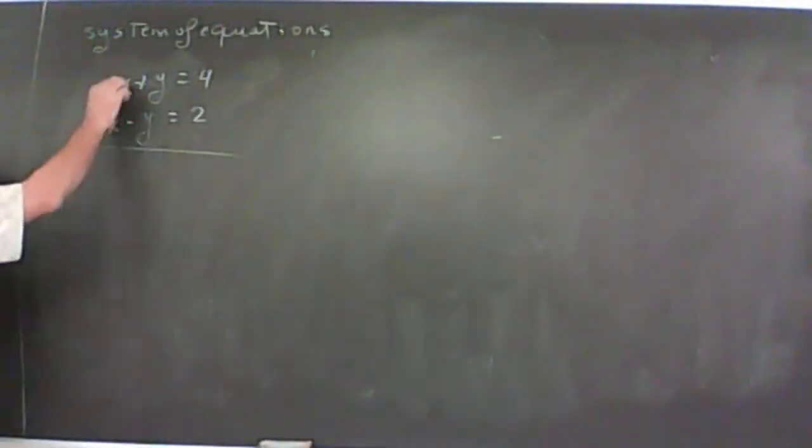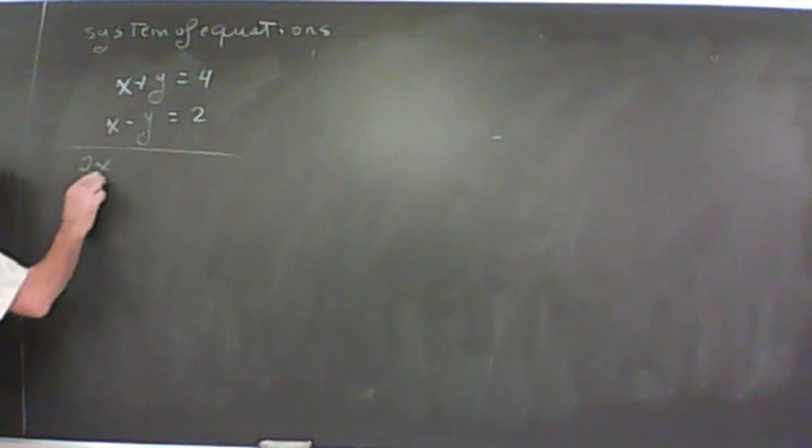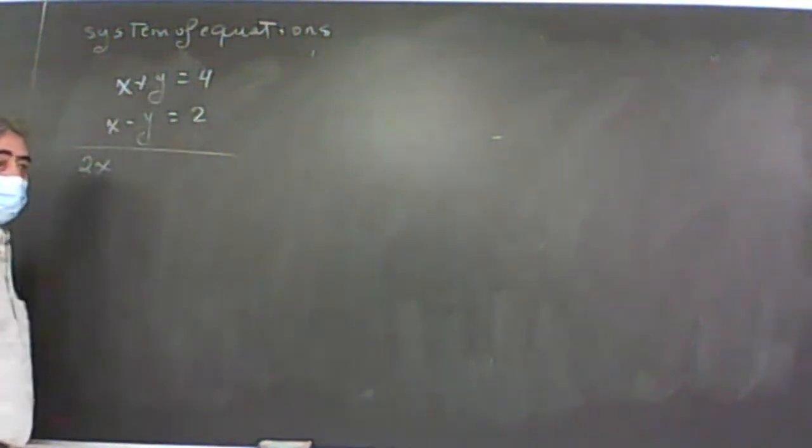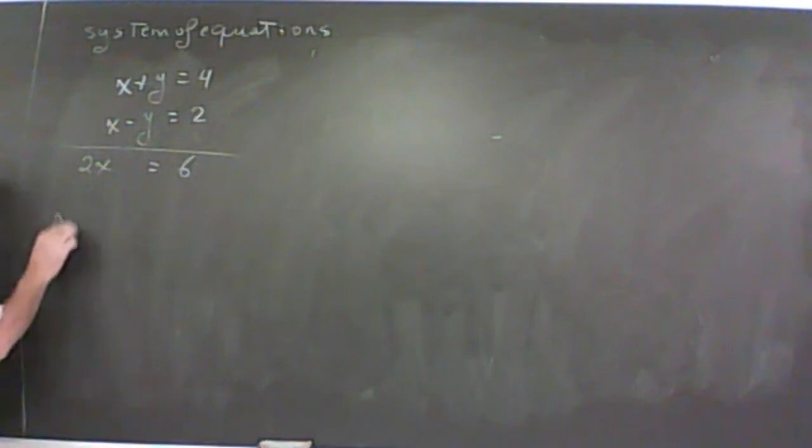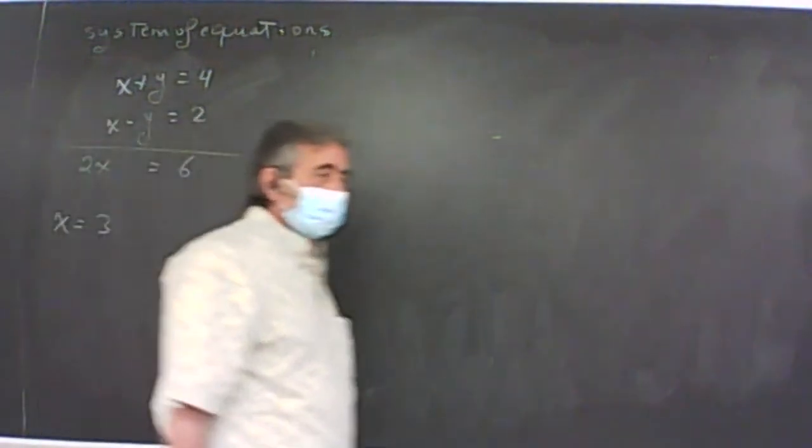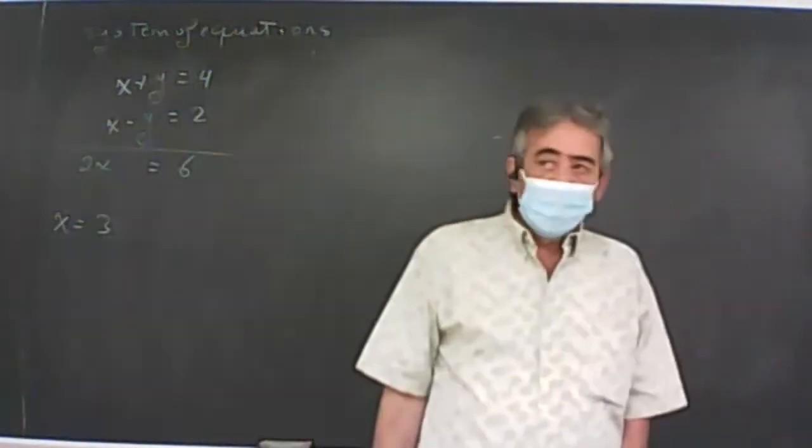Let's see what we can do. x plus x is 2x. y minus y is 0. 4 plus 2 is 6. So now we know 2x equals 6. So x equals 3. Yeah?